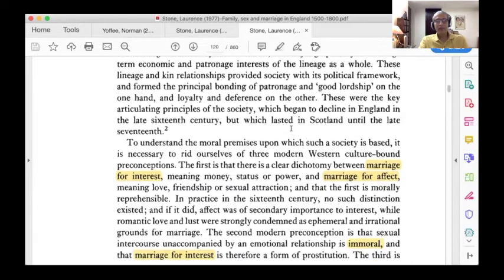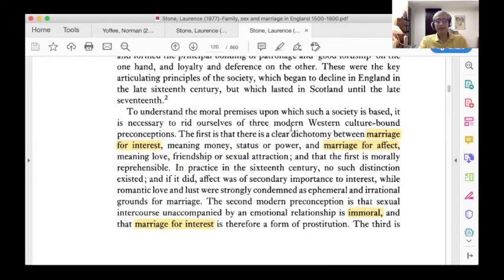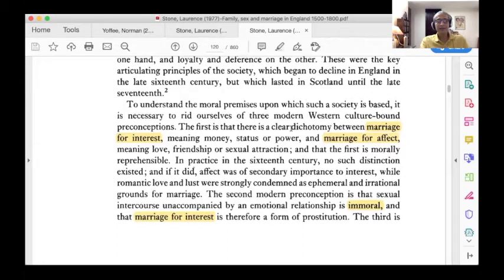To understand the moral premises upon which such a society is based, it is necessary to rid ourselves of three modern, Western, culture-bound preconceptions. The first is that there is a clear dichotomy between marriage for interest, meaning money, status, or power, and marriage for affect, meaning love, friendship, or sexual attraction, and that the first is morally reprehensible. In practice, in the 16th century, no such distinction existed, right?